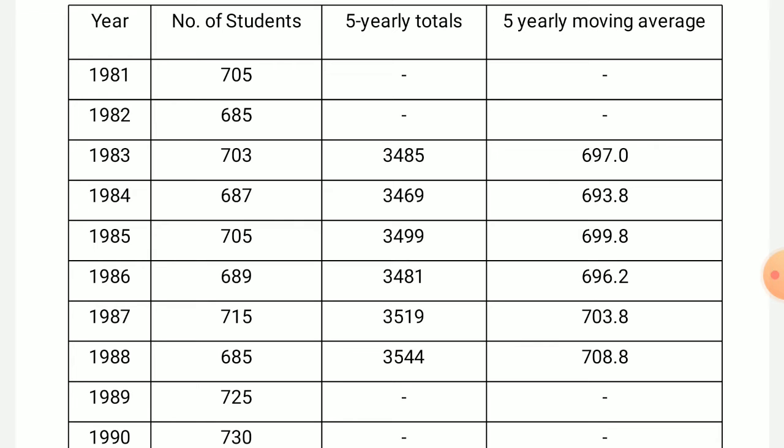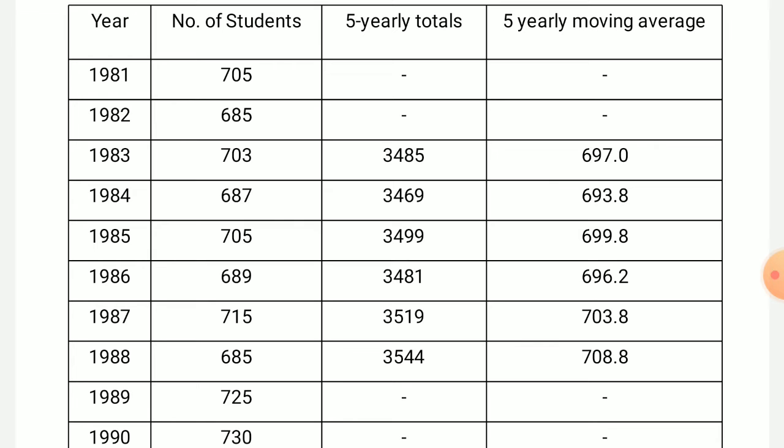That gives us the total of these 5 years, 3469. It is to be placed in the middle year, that is the fourth year, 1984.